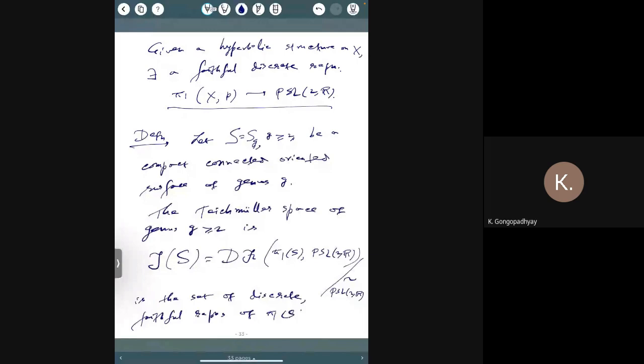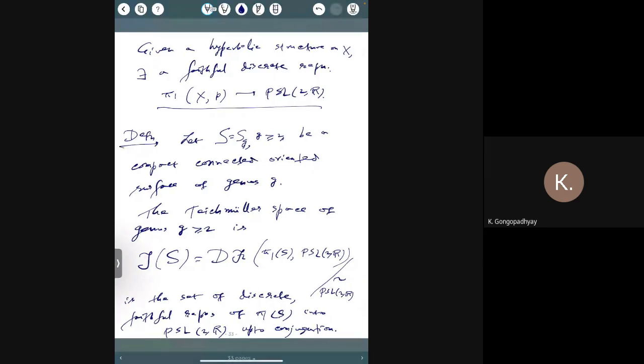representations of pi1 S into PSL2R up to conjugation. Okay, so this is called the Teichmuller space of a surface group or of a surface. All right.